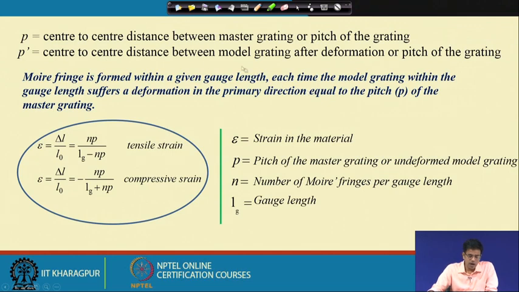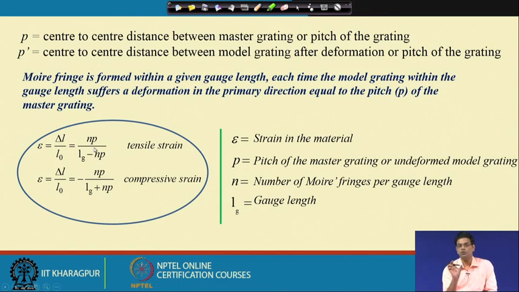For instance, if p is the center to center distance between the master grating, or the pitch of the grating, and p dash is the center to center distance of the model grating, or pitch of the model grating, then Moiré fringes can be written as this. Delta L by L 0, which is essentially the tensile strain, and N is the number of Moiré fringes per gauge length.